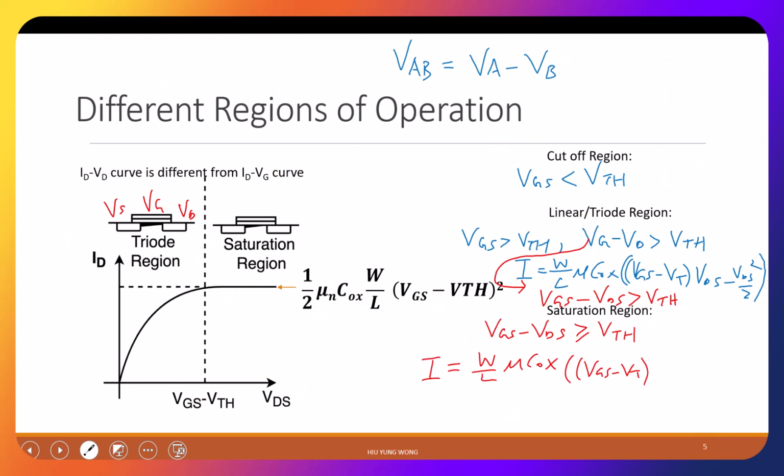So I can substitute VDS as VGS minus VTH, then the whole thing minus (VGS minus VTH) squared divided by 2. I'm just using this equation and finding its current when VDS equals VGS minus VTH, because when VDS equals VGS minus VTH, it just pinches off. Any question about what I'm doing?